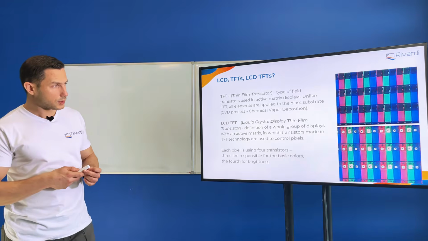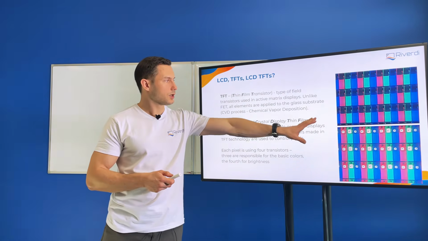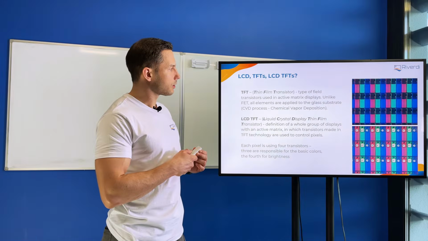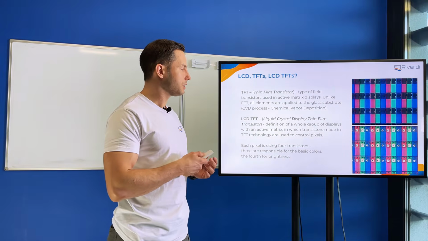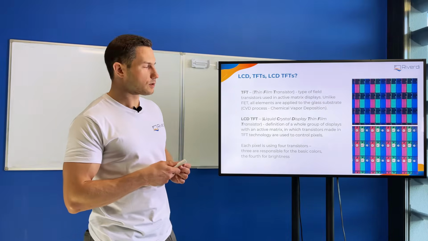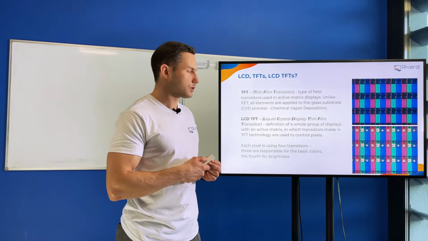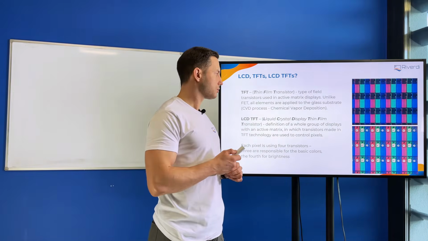So in this image we see subpixels that are basic colors, so RGB, and then we also see this black part that is uncovered here.